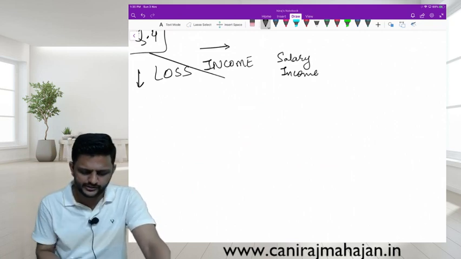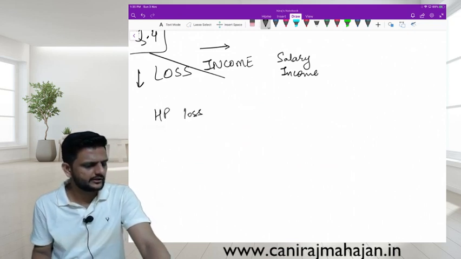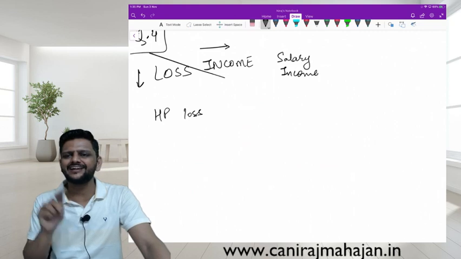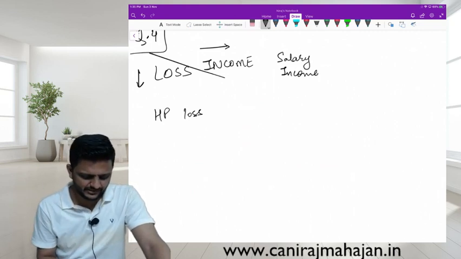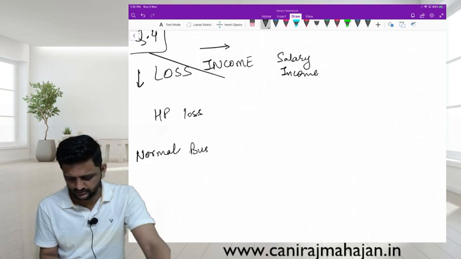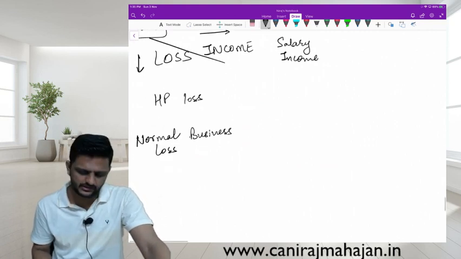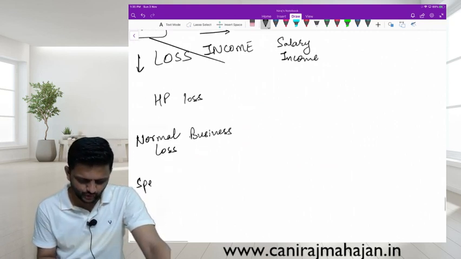Next you see bracket, so there is HP loss. Yes or no? Don't write figures. Then income from business is in bracket. It is normal business loss. Are you all following? Then again something in bracket, that is your speculative business loss. Yes or no? Yes.